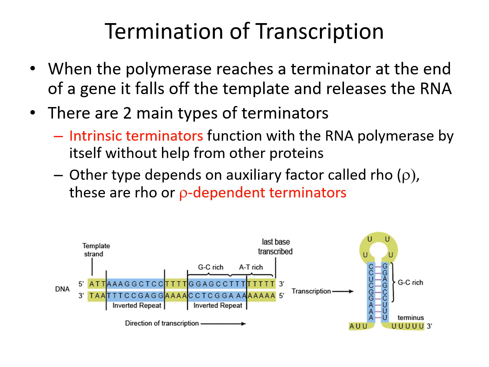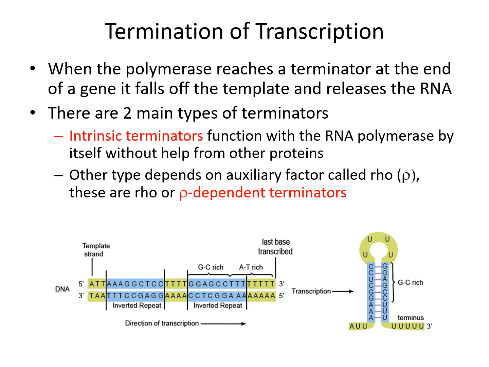As you can see on the slide, for the intrinsic terminator, you will see the inverted repeat sequence, which will be a GC-rich sequence. They can form the hairpin stem, and then there will be a loop, and then in the end there will be the poly U sequence, and then there will be the terminus.